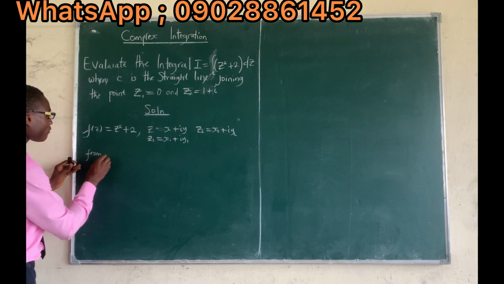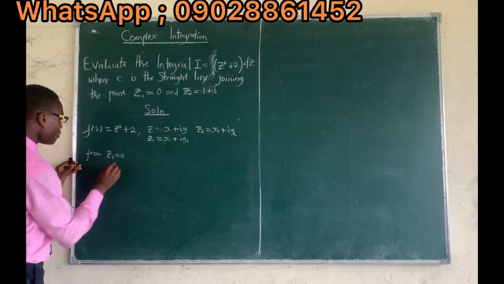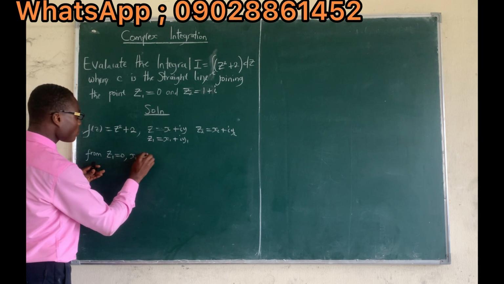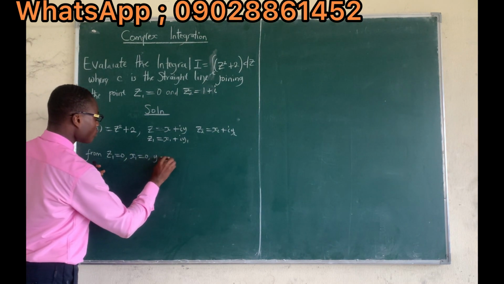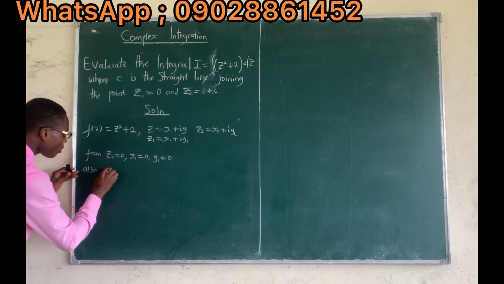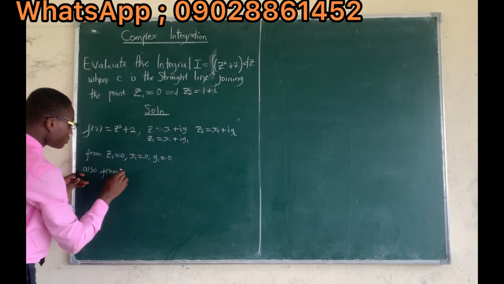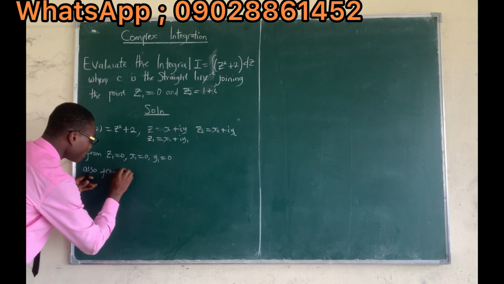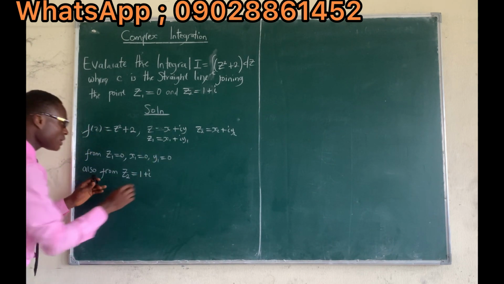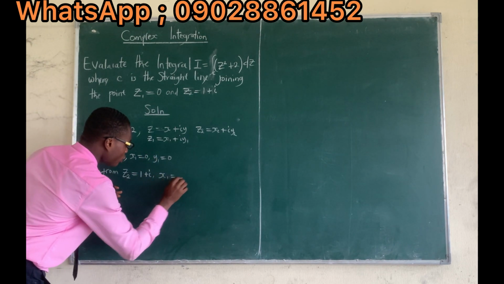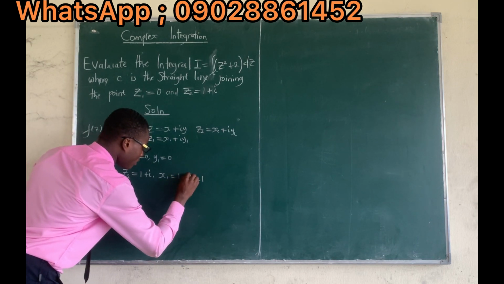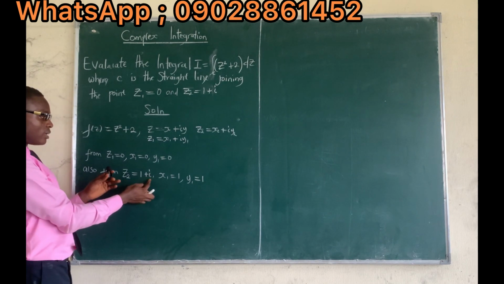From the first point, z1 equal to 0, this implies that x1 is equal to 0 and y1 is equal to 0. Also, from the second point z2 equal to 1 plus i, this implies that x2 is equal to 1 and y2 is equal to 1, because you can see that the coefficient of i here is 1.